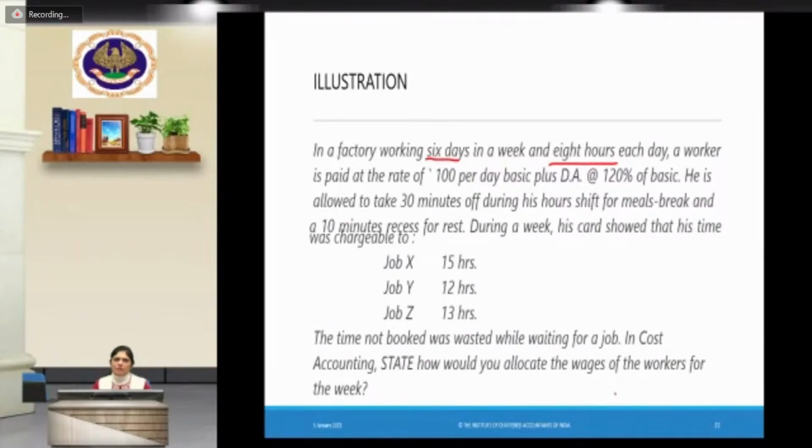Number one, the effective hours. Number two, the cost. So we'll calculate the cost per hour with these two steps. The third step will be to calculate the direct cost of this particular job. So for job X, job Y, job Z, what is the allocation of the cost to these three jobs? Clear?